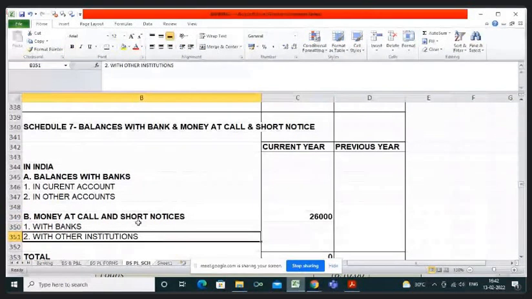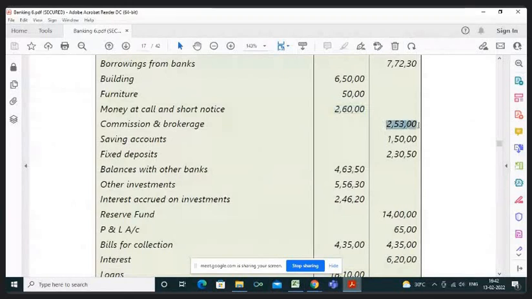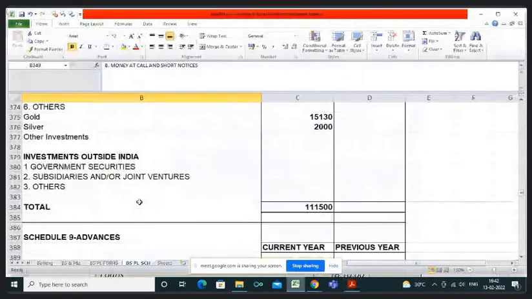Then money at call and short notice. How much is there? 26,000. We have a separate schedule for money at call and short notice. It is part of our assets, part of schedule number 7, where we have balances with banks and money at call and short notice.